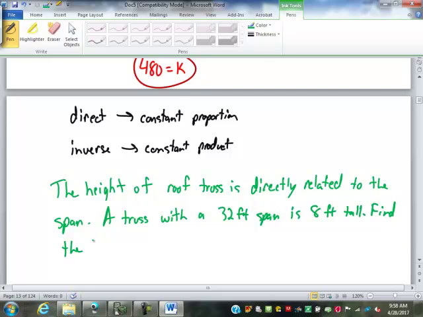Find the height of a truss with, well, let's go 44-foot span.